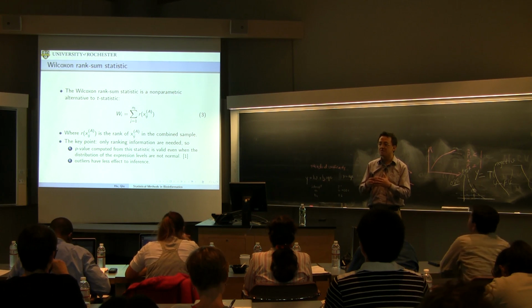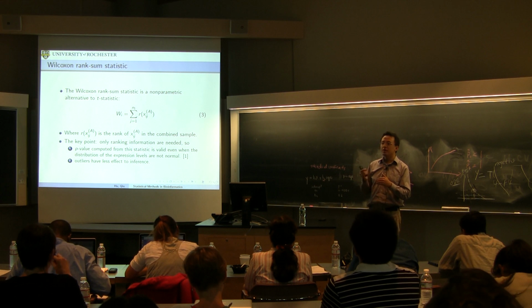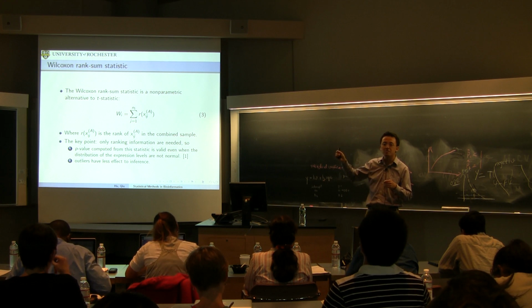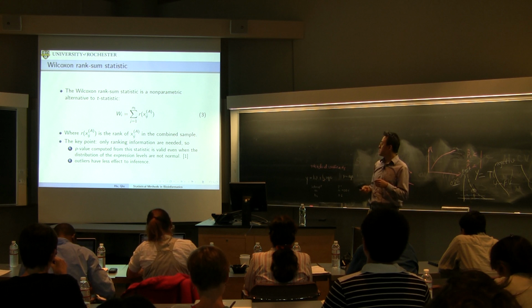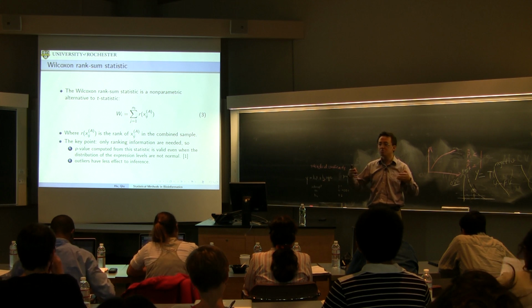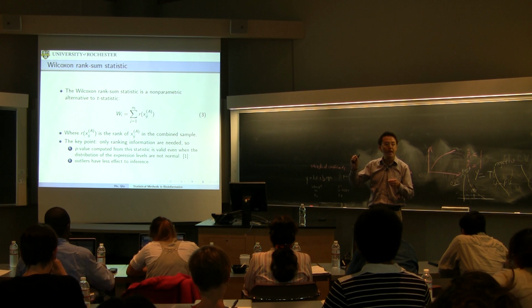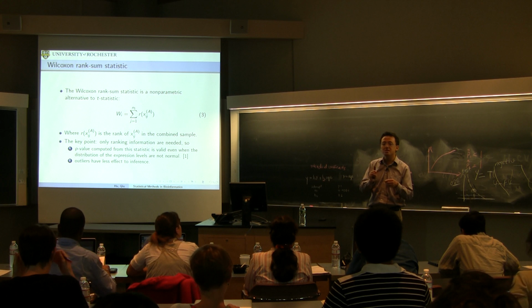So it's very robust. Why is that? For example, if you have some outlier, a very extremely large expression value. For the T-test, because we are calculating the mean, as was said, when you calculate the mean, this large value has a significant impact on your statistic.